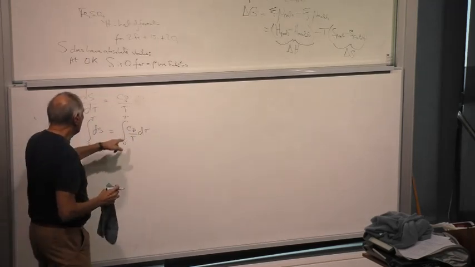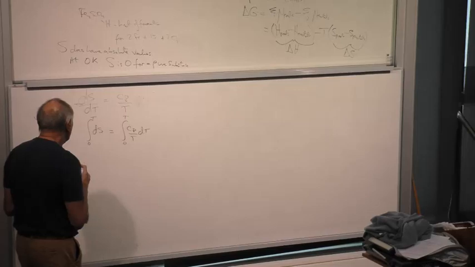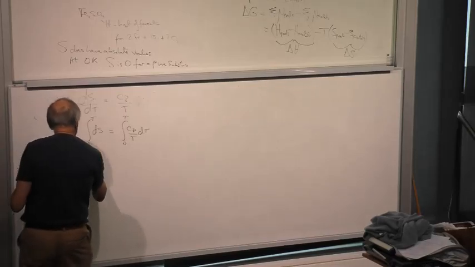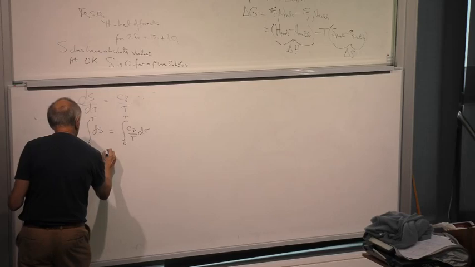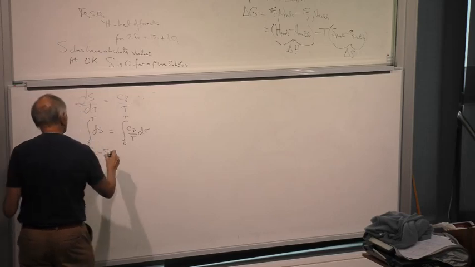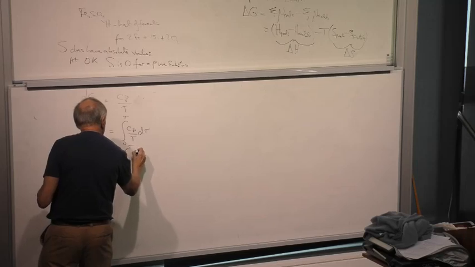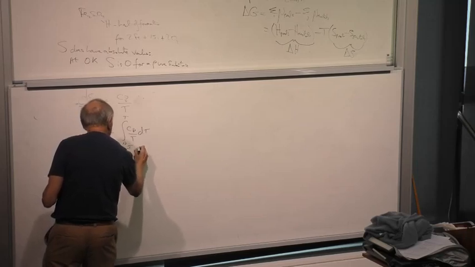It's not a simple integral to do because Cp is temperature dependent itself, but S at T minus S at 0 degrees Kelvin is the integral from 0 to T of Cp over T dT.